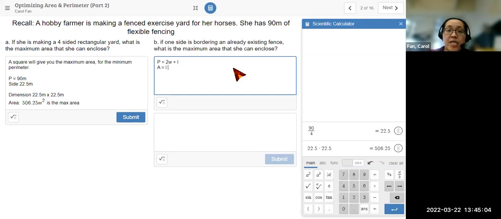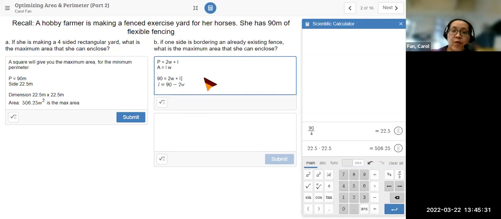The area is still length times width, but let's sort out the information we have. Now I know that the fixed amount is 90 meters. So we have 90 is equal to 2W plus L. I can rearrange it so that I have L is equal to 90 minus 2W.